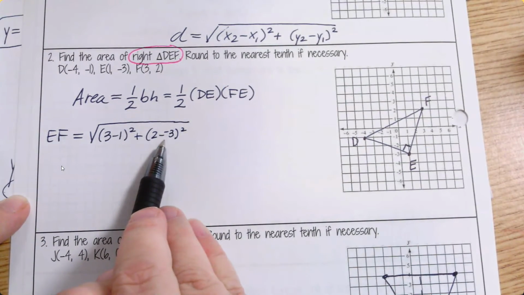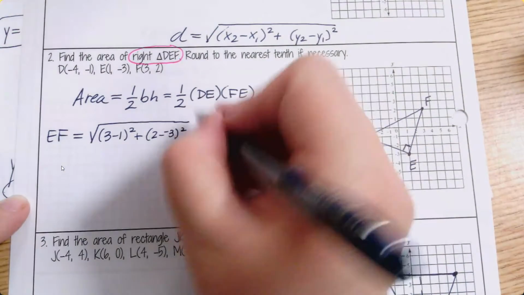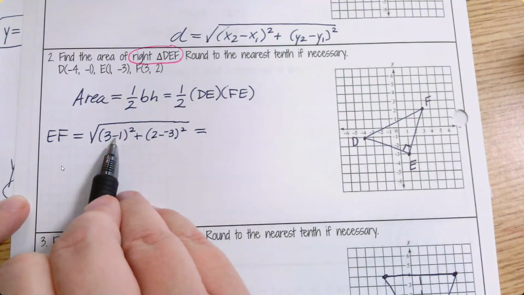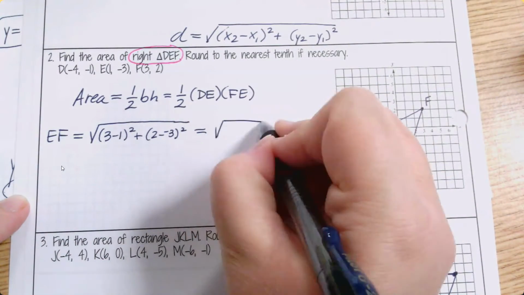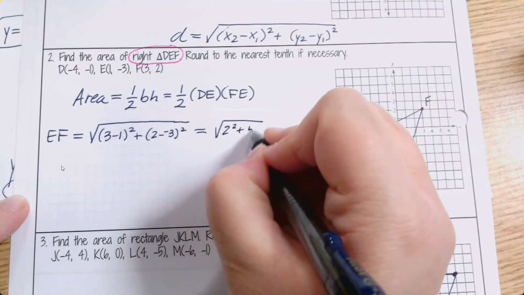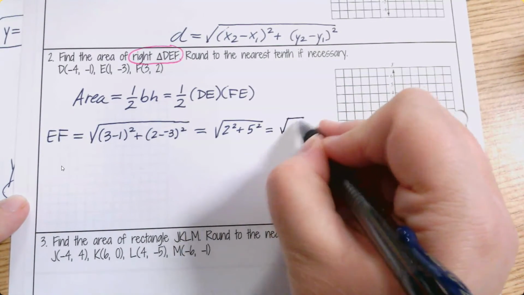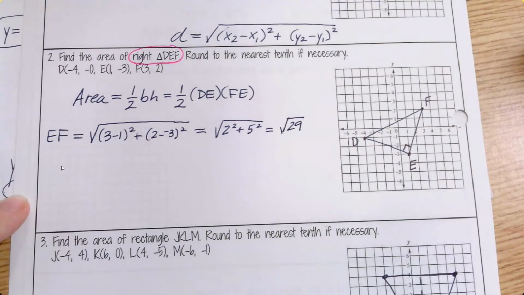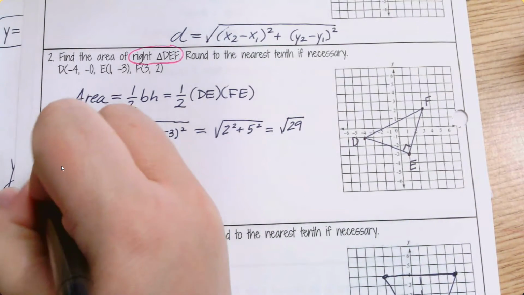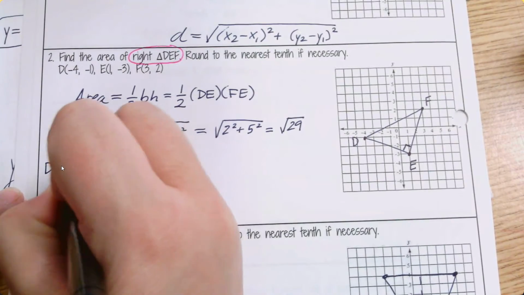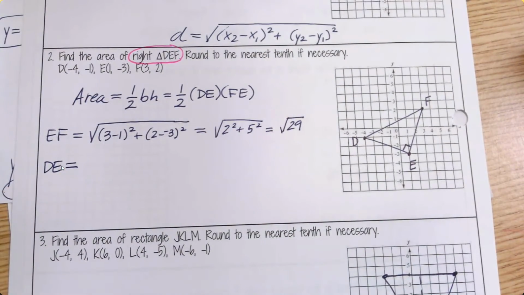So this is going to turn into 2 plus 3, which is 5. This is 2. 3 minus 1 is 2. So I've got 2 squared plus 5 squared, which is 4 plus 25. It turns out to be square root of 29. Okay, I'm not showing every little step. So if you would like to, you are welcome to show a few more of the steps in between here.